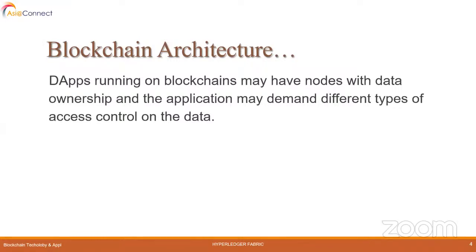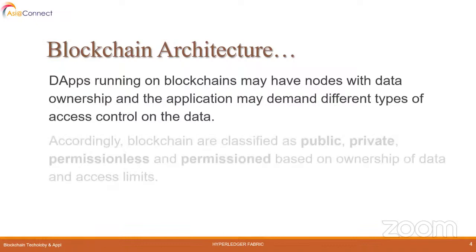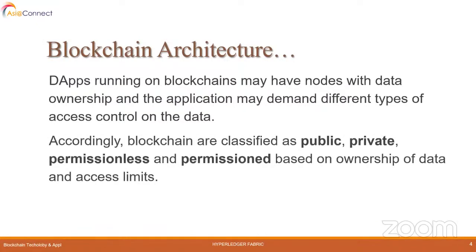So for these enterprises, we can have data ownership from different people. And the application may demand different types of access control on the data. For example, I may be given access to view my data, but not the data of another employee. So accordingly, blockchains are classified as public, private, permissionless, and permissioned based on the ownership of data and access limits.